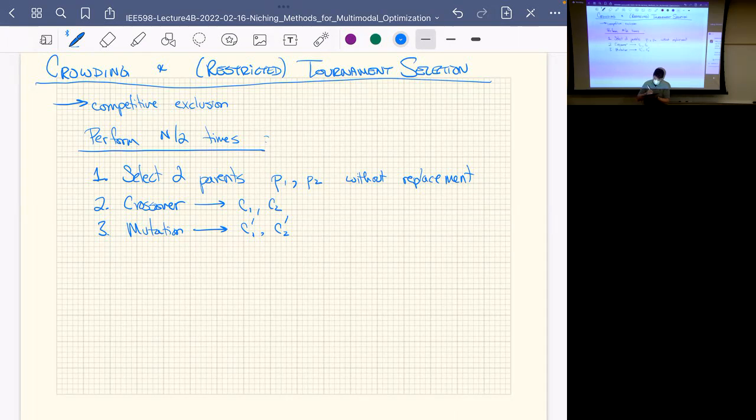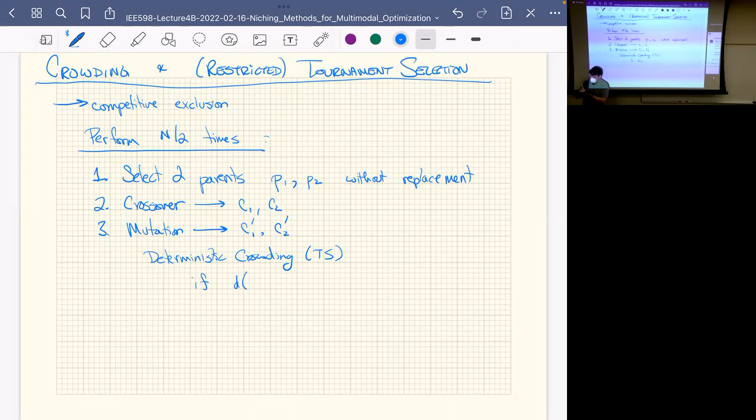So in deterministic crowding, which is basically a version of tournament selection, we say there's 2 conditions. Written out, these might look a little silly, but if you focus on them, it might make some sense.